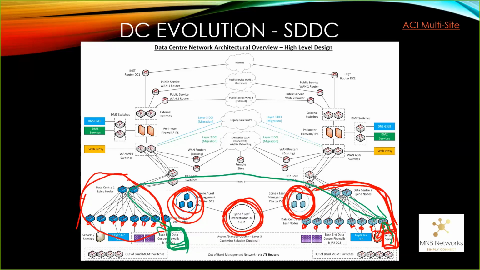So basically you can have the same subnet in different locations. You have the same default gateway for every server on the same subnet.